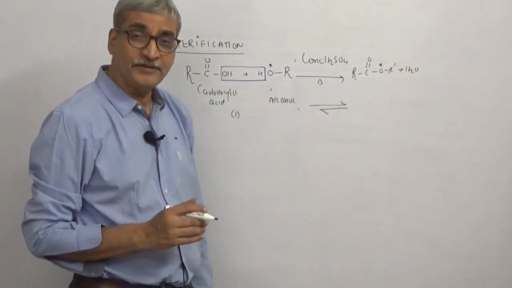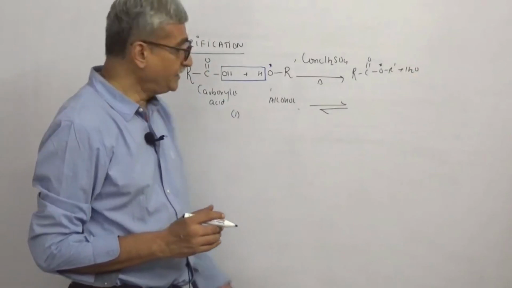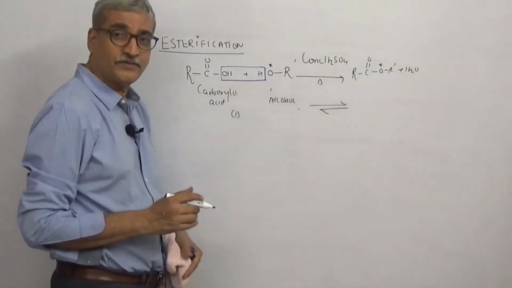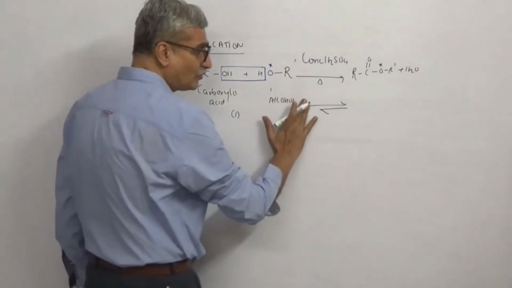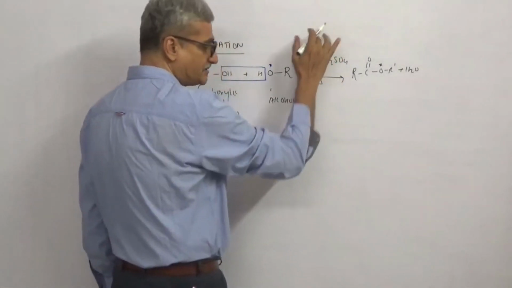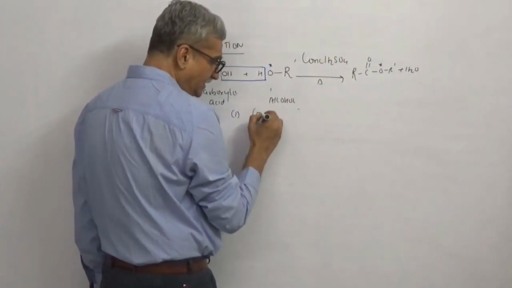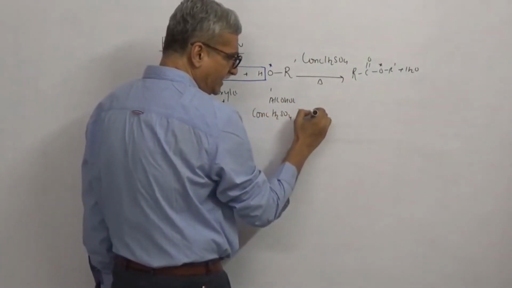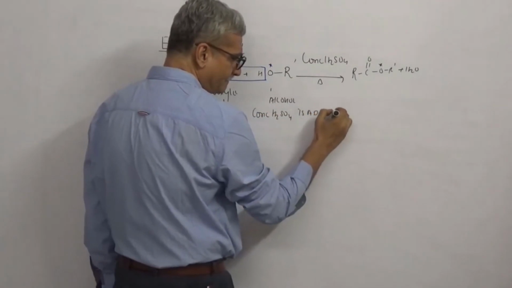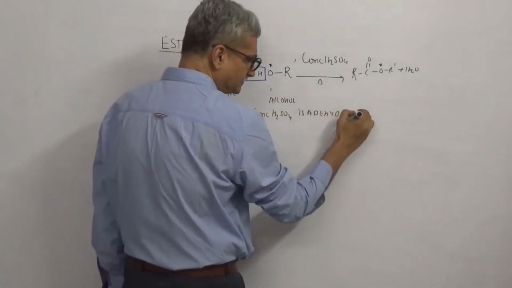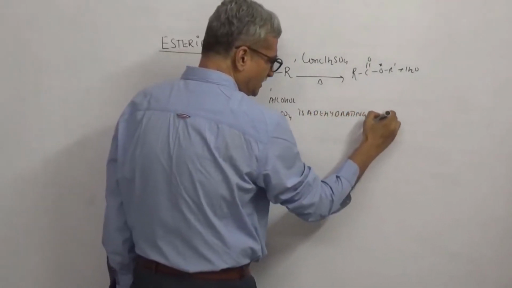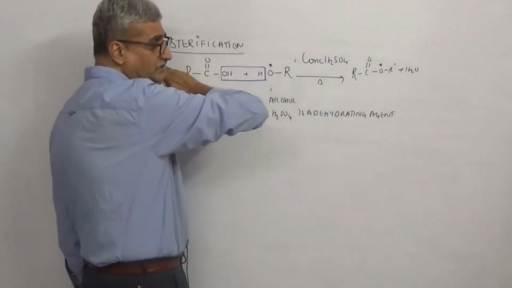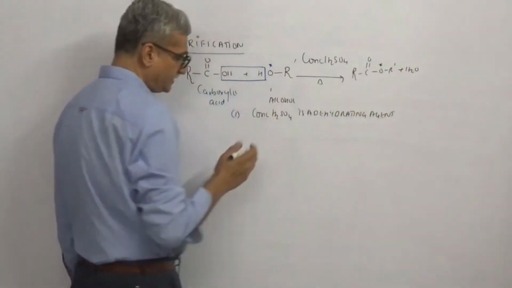We shift it by increasing the concentration of one of the reactants, that is alcohol, and removing one of the products. That's exactly the role played by concentrated sulfuric acid. Concentrated sulfuric acid is a dehydrating agent, so it goes on removing the water, and the reaction equilibrium shifts to the right.